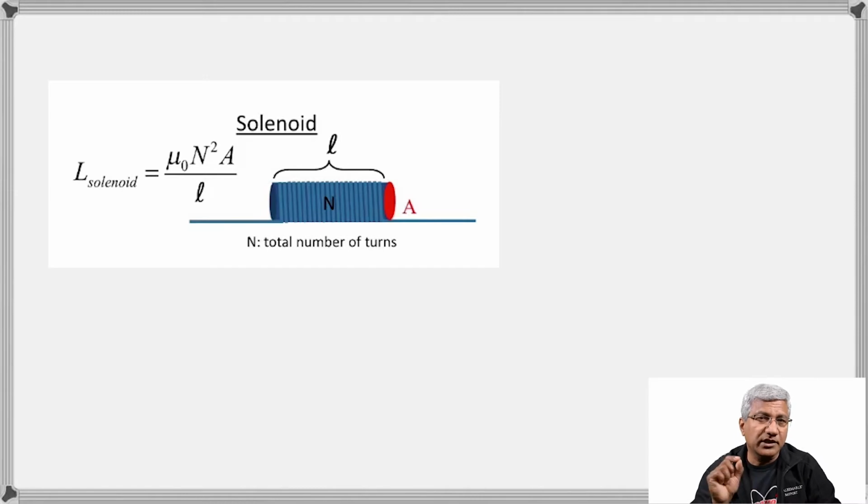If I give you the radius of that solenoid, you should calculate the area first using pi r squared and then get the inductance. Mu naught is what? 4 pi times 10 to the negative 7. So plug in all that and you will get the inductance of the solenoid in henries.